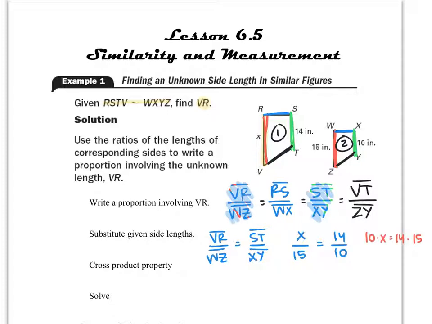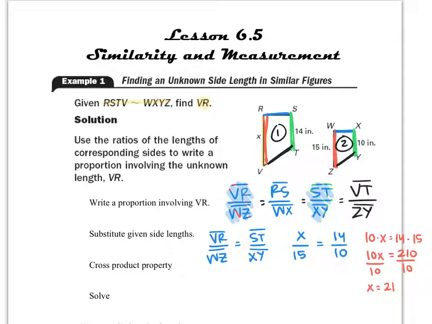And then at this point, you're welcome to use your calculator if you would like. So 14 times 15 is 210, and 10 times X is just 10X. We have multiplication, so we undo it with division, and so X equals 21.